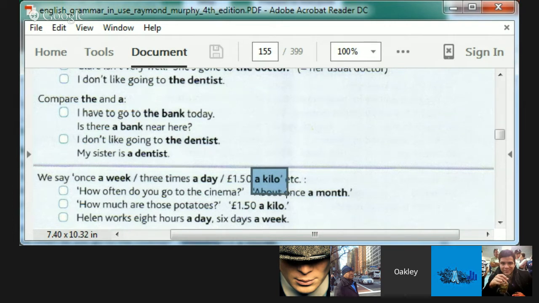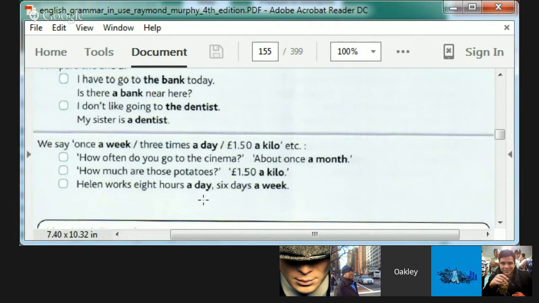It's all £1.50. Okay. All right. So these kinds of phrases are for time, to express how often or how much. We use a because it doesn't matter which day, week, month, kilo.